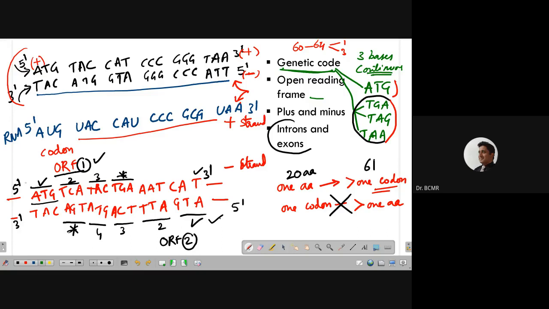If I'm talking in terms of ORF2, if that is the context at that time, then the lower strand is plus and the top strand is minus. Just remember them like that. We will get to details in the next class.